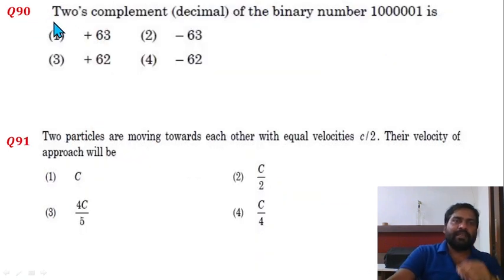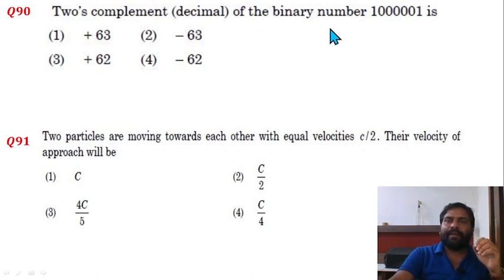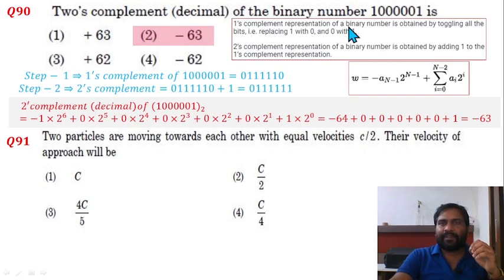Question 90. The 2's complement decimal of the binary number 1 0 0 0 0 0 1 is? The 1's complement representation of a binary number is obtained by toggling all the bits, replacing 1 with 0 and 0 with 1. Whatever is there, reverse it, then it will be the 1's complement.